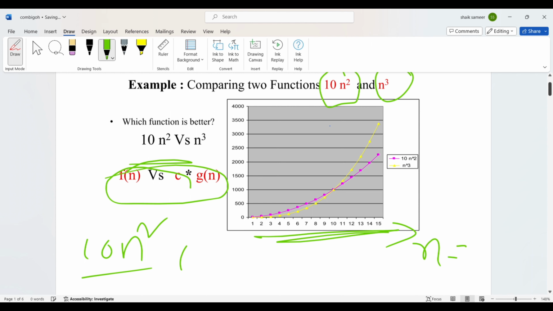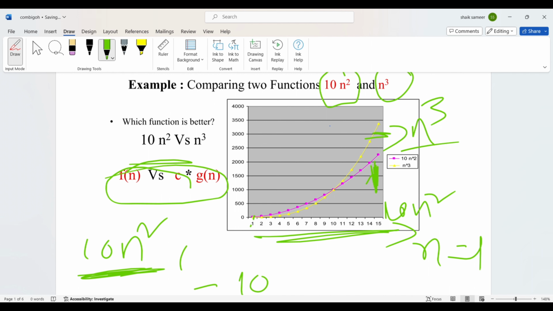If you put n equal to 1, this value becomes 10, so for 1, this value is here. This pink line represents 10n square, where this yellow is n cube. Similarly, if you put n equal to 2, you will get 40, and similarly n equal to 3, like that. If you draw the graph of 10n square, you will get this pink line.